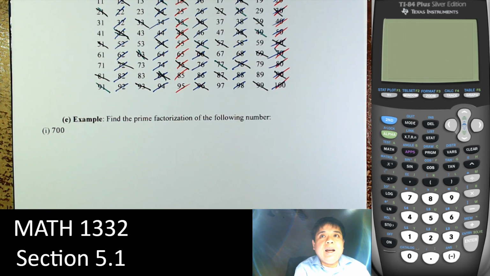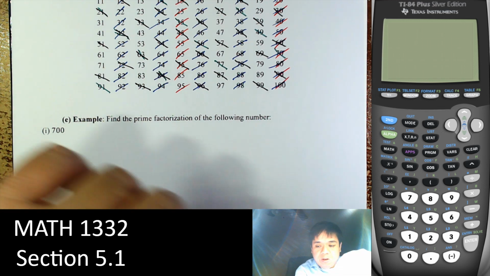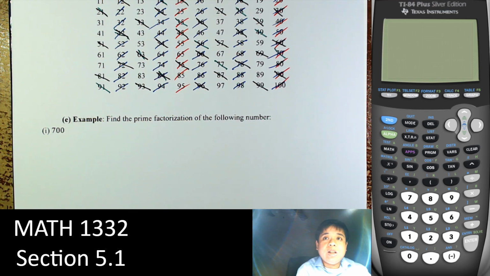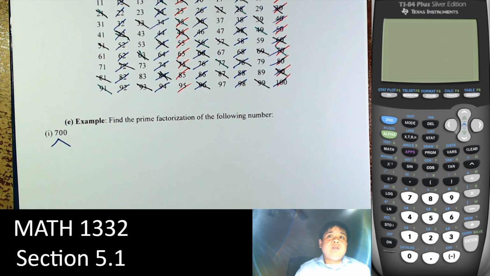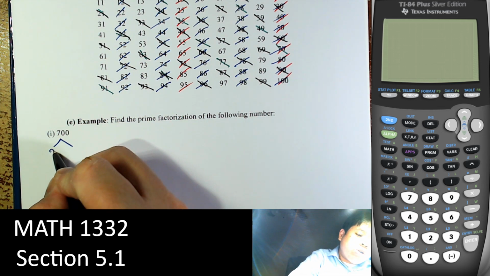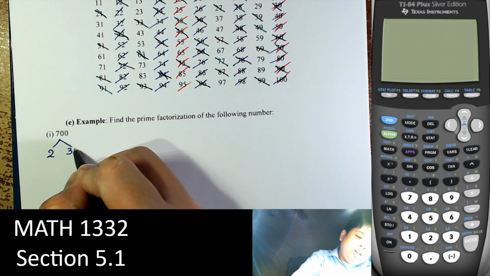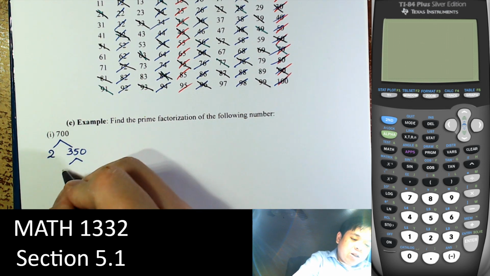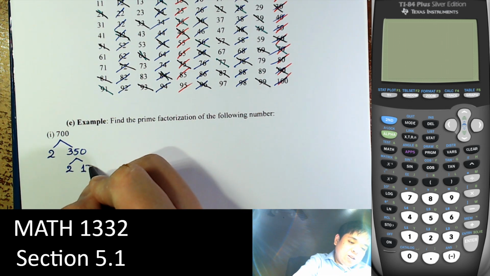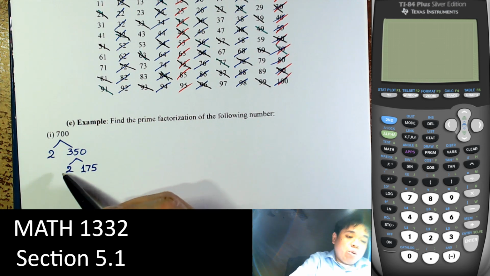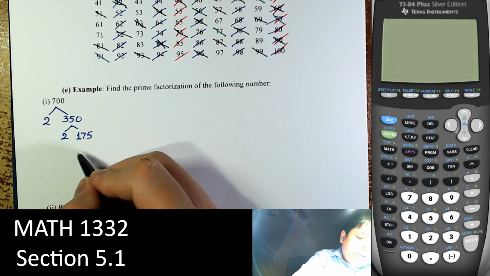Now, when we try to find the prime factorization, remember the factorization into primes is unique. So we just find the factors of 700. It is tempting to say 7 times 100, but the rule is we start with the smallest number possible, which is 2. 350 is still divisible by 2, giving 175. Now this number is not even, so it's not divisible by 2 anymore.